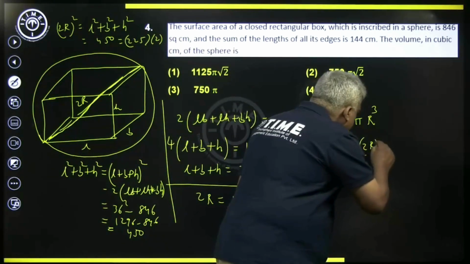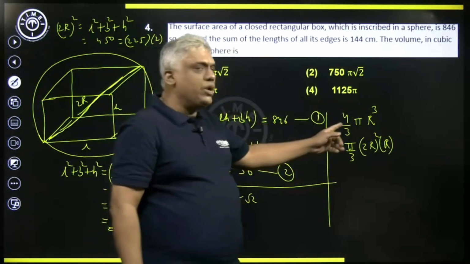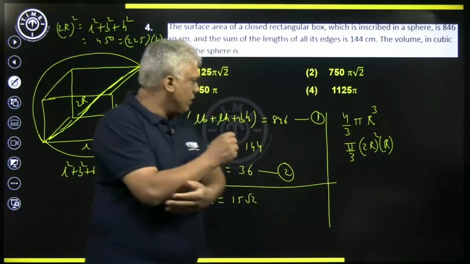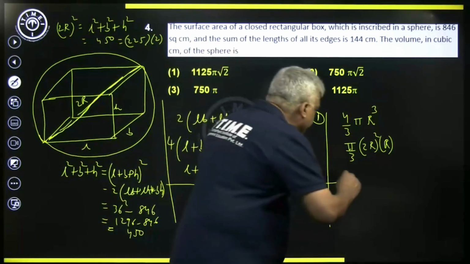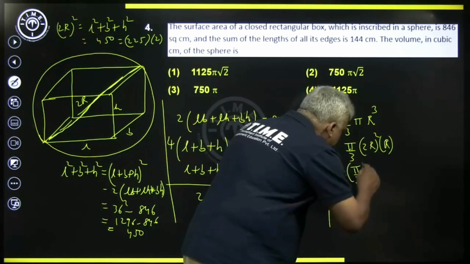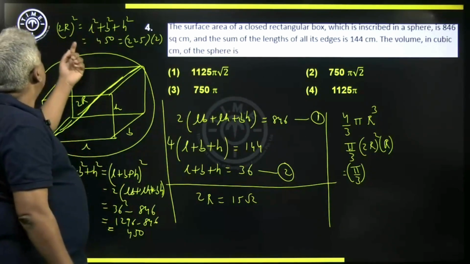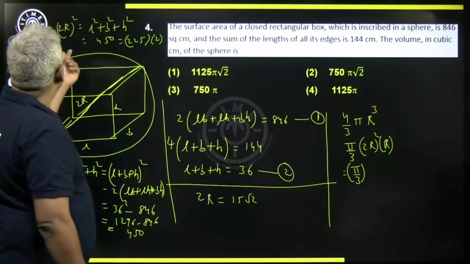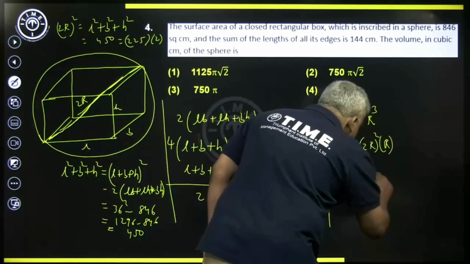I am writing 4r cube as (2r) square into r. So pi by 3, (2r) whole square, we can write as 450.